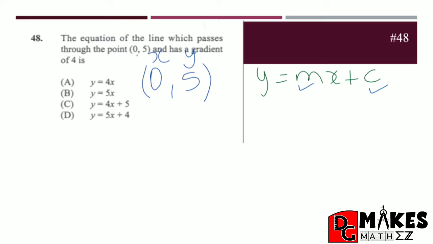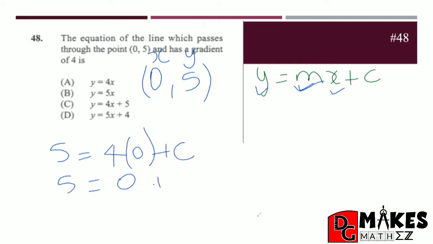We can substitute that y value, that x value, and that m value to help us to find c, since c is the only thing that we don't know to be able to write in that form. So here we go. y, which is 5, equals m, which is 4, times x, which is 0, plus c. And once we solve this for c, we find out that this y-intercept here is going to be 5.